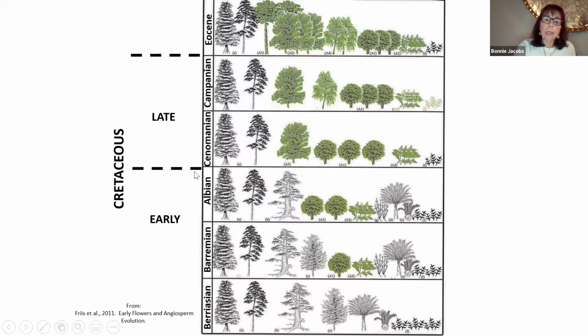This time right in here is where we have the Jones Ranch locality. So you have a lot of these conifer type things, these conifers, you have ferns, you have cycads and things that look like or related distantly to cycads. And the flowering plants that you have are going to be very small.